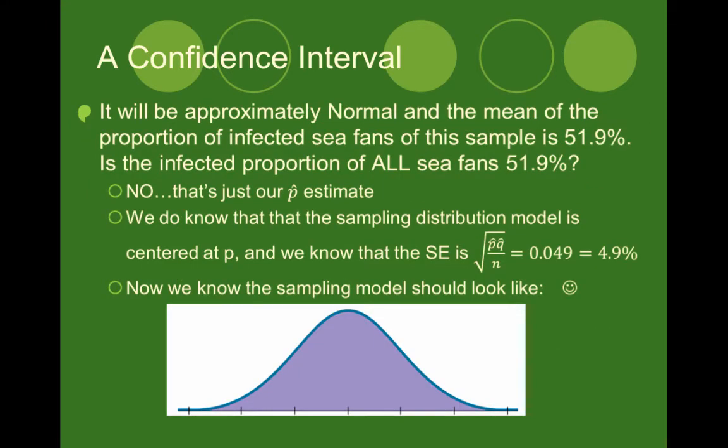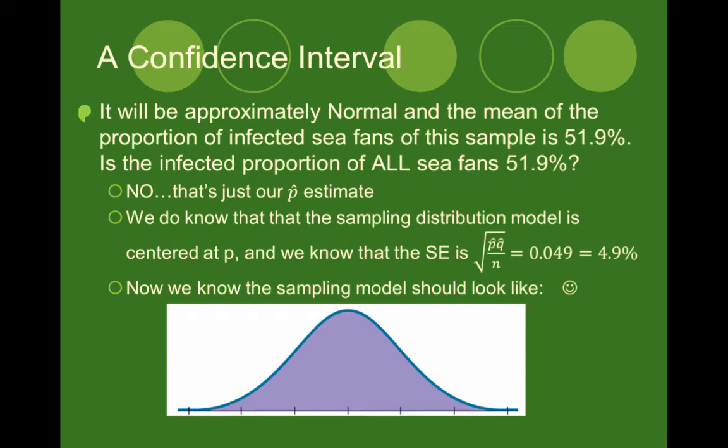So continuing with a confidence interval, we know that it'll be approximately normal, and the mean of the proportion of infected CFANs of this sample is 51.9%. Now we know it'll be approximately normal, not just our one sample, but if we were to do an infinite number of samples, then we know that the model of all samples will be approximately normal.